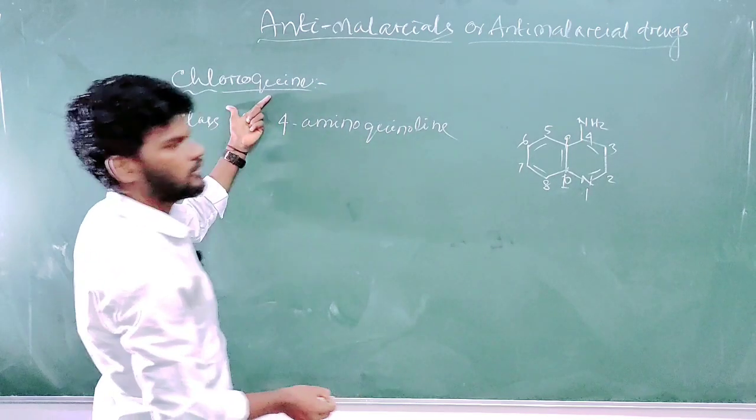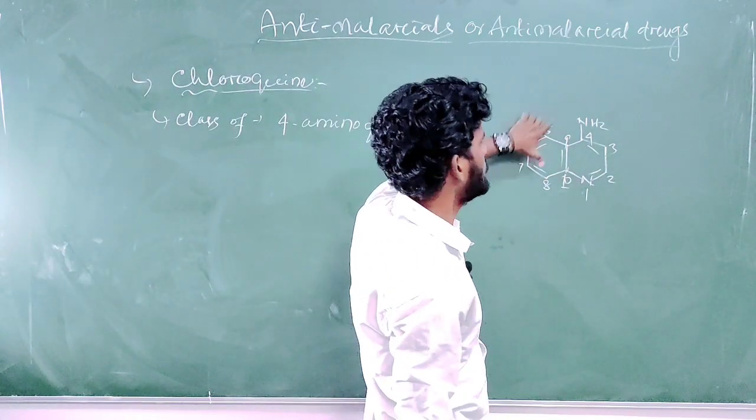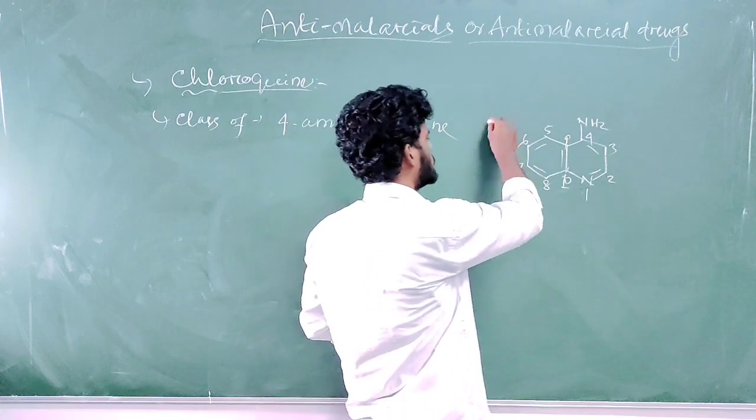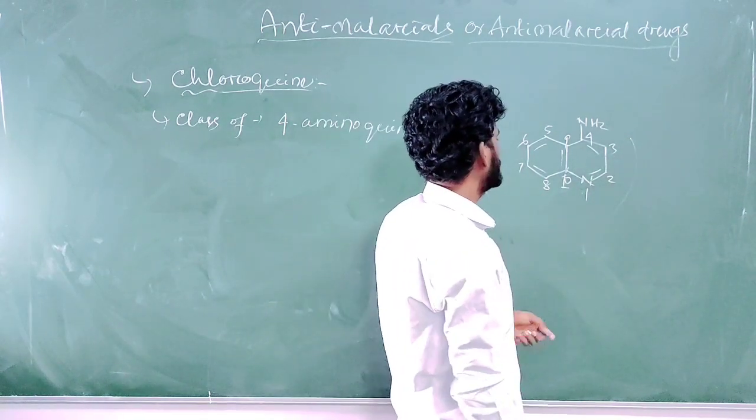The chloroquine drug comes under the category of 4-amino-quinoline. This is the structure of 4-amino-quinoline. So what is the structure of chloroquine?